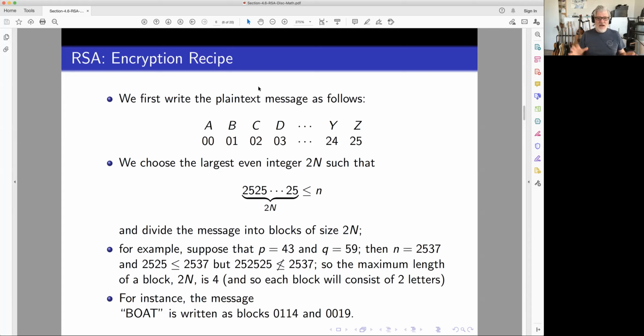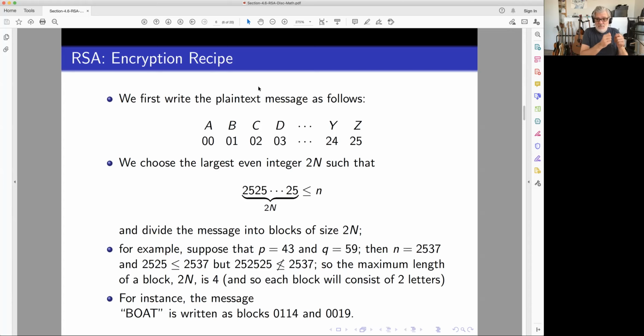Now I want the blocks that I'm going to encode to be numbers, which will be these numbers for these letters stuck one after another. What I want is for these numbers to be less than n. This is really important. So the question is, what's the biggest word that I can write so that its number will be less than P times Q, this little n?